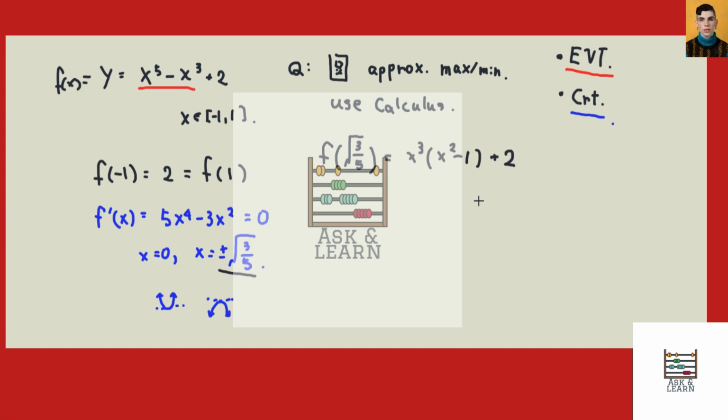Why did I do that? Well, x squared is a nice number. It's 3/5, right? So this expression right here, inside the parentheses, is 3/5 minus 1, which is negative 2/5. x cubed is also not that difficult to calculate because I know that x squared is 3/5, so this is 3/5 times the square root of 3/5.